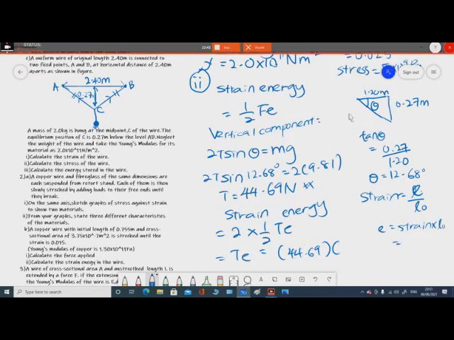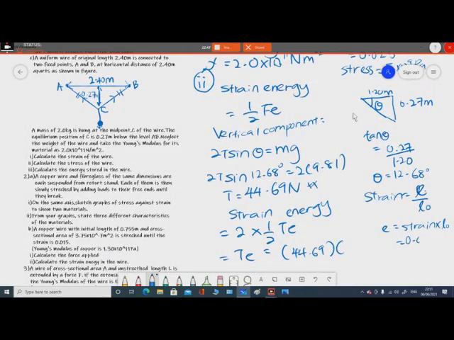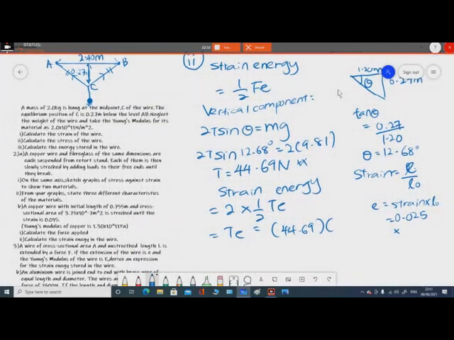Strain is 0.025 times the original length, 2.40. So 0.025 times 2.40 is 0.06, as we got from the previous parts. So 0.06 meters. So 44.69 times 0.06.